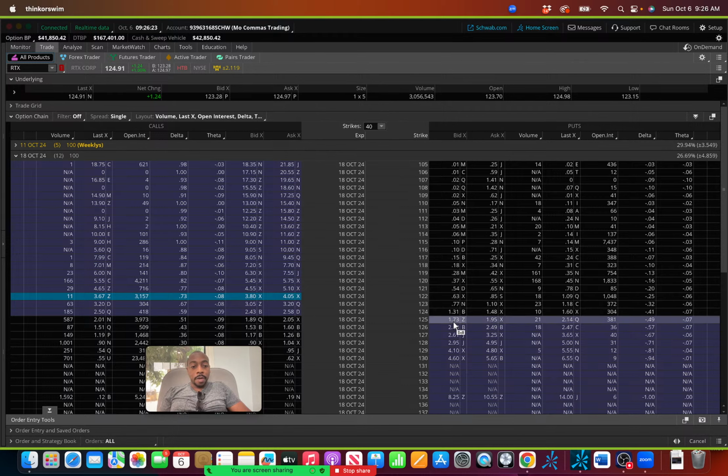And if there's no liquidity there, if it's under 1,000, I'm not going to take that spread, because a spread is really selling an option and buying an option. So you're in two trades at the same time that move together. So you still need to get out of both of those trades. And if there's no liquidity, you're going to lose money in between the spread of these options, right?